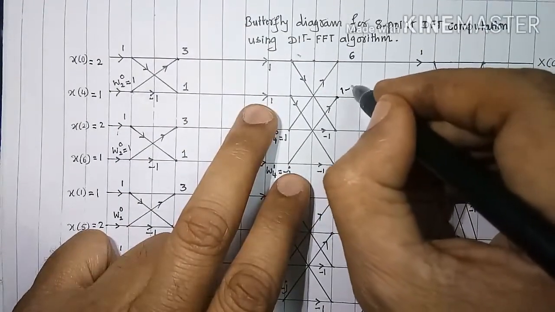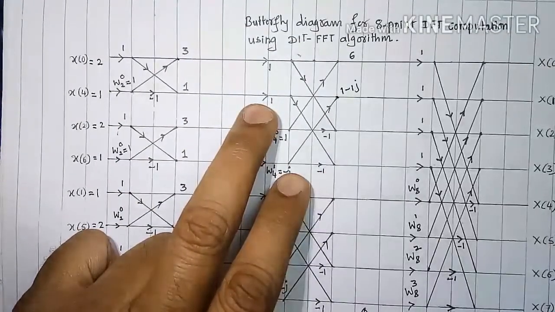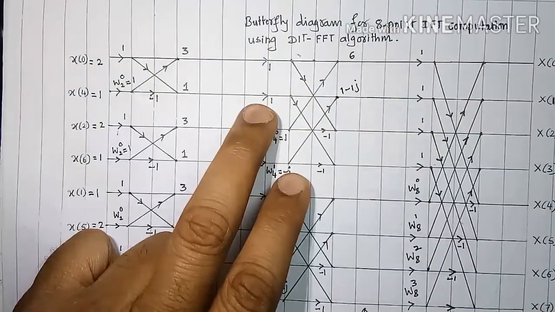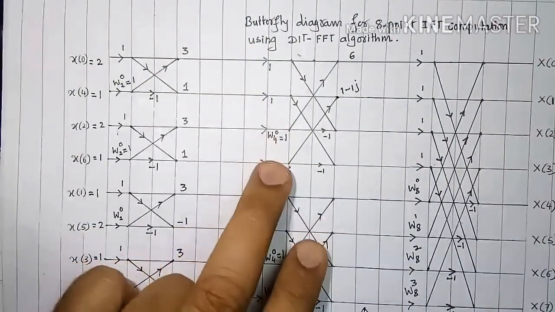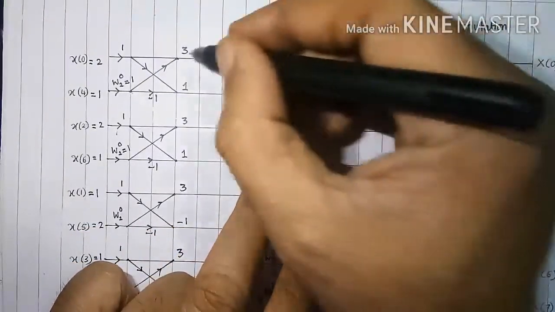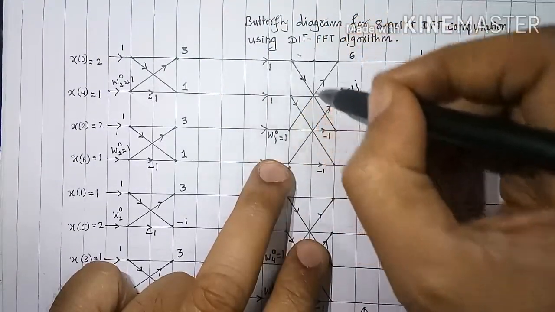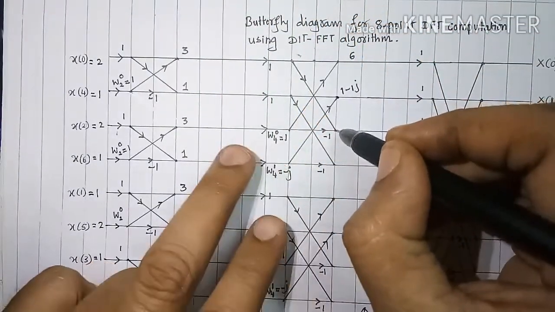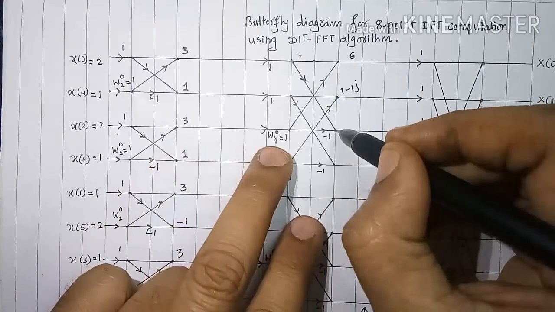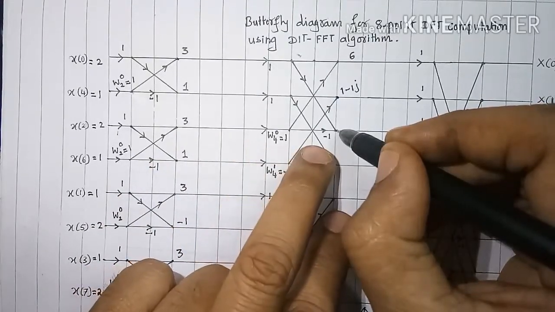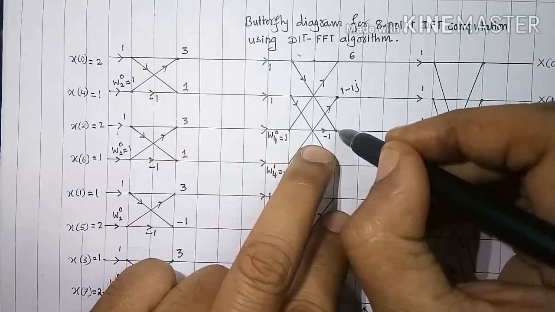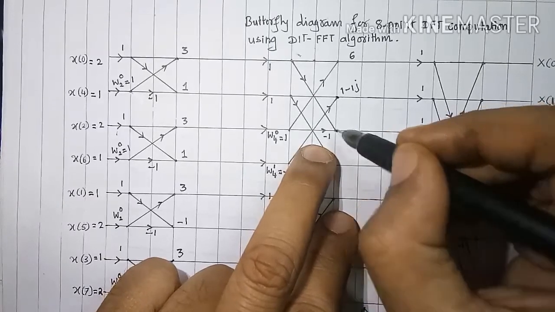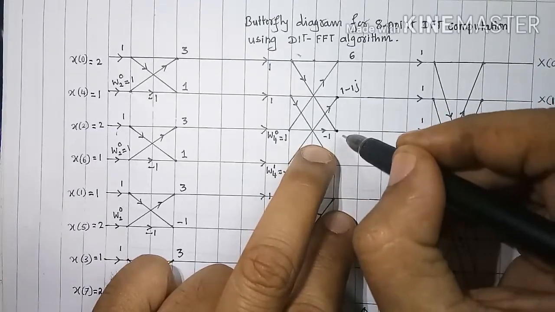So 1 minus 1j. Next 3 into 1, 3. 3 into 1, 3 minus 1, that means minus 3, that will become equal to 0.